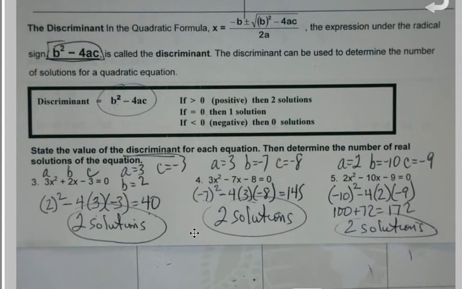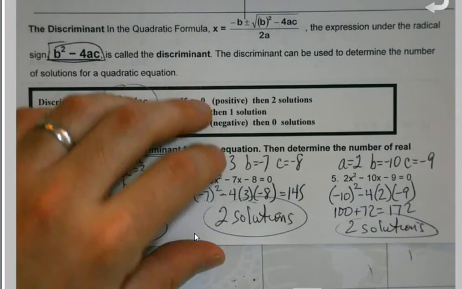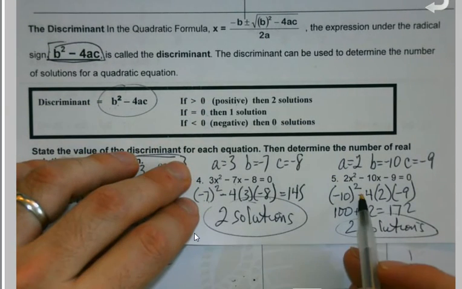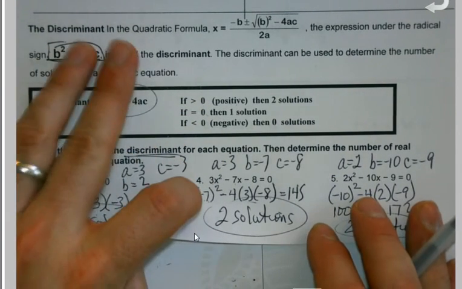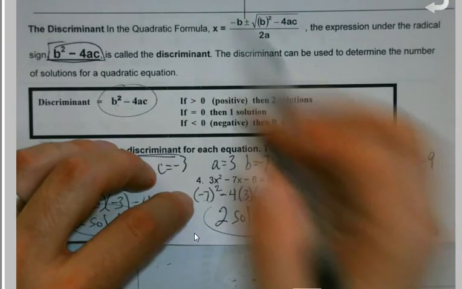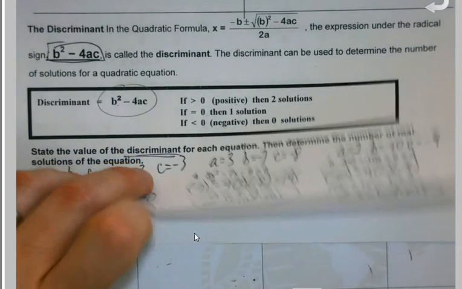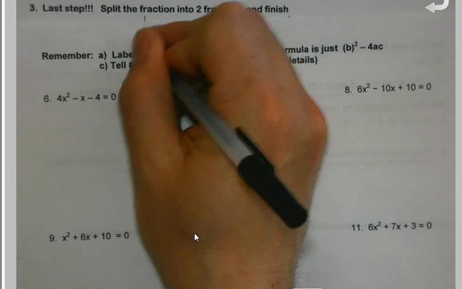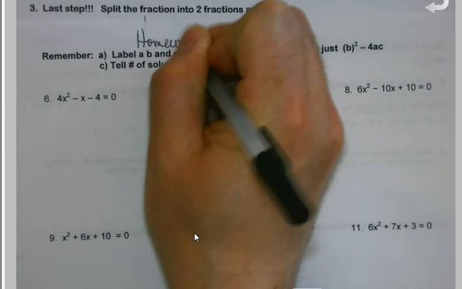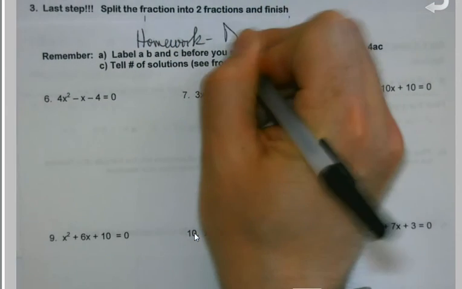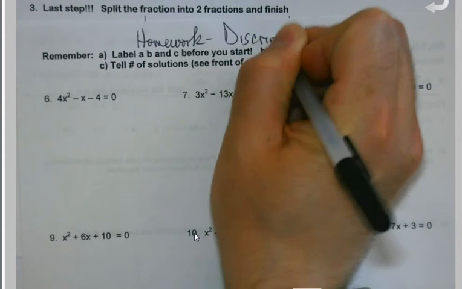So here's where today is going to be kind of weird. When we get done with this, we're going to come back up to the top and see how this works with the quadratic formula for a minute. But the back of this sheet is going to be our homework for discriminants.